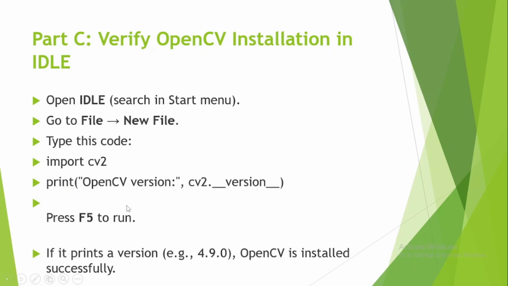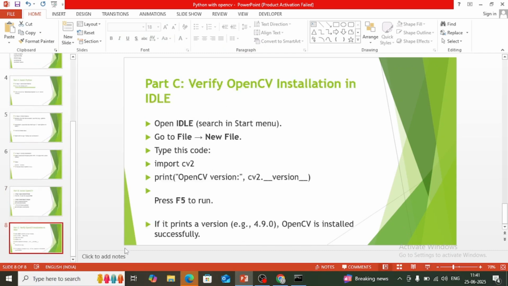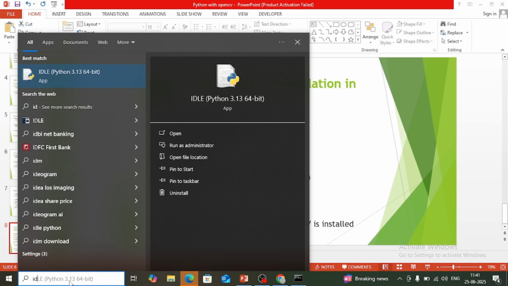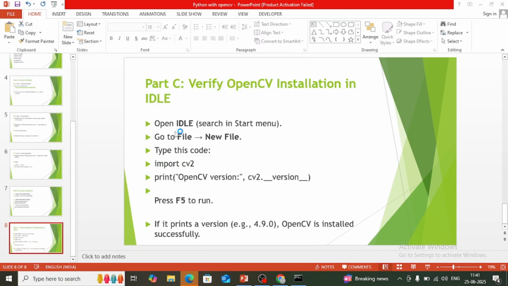If the output gives the version of OpenCV, then we see that OpenCV is installed properly. So I have typed IDLE in the search box. This will open, it takes a few minutes.